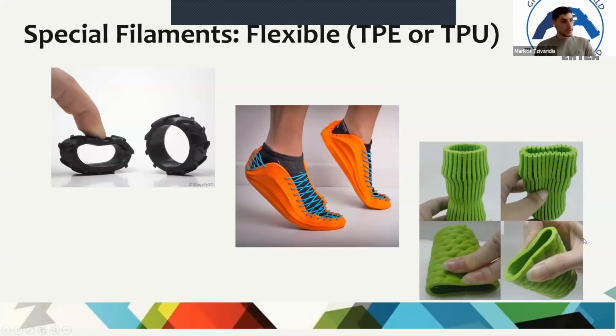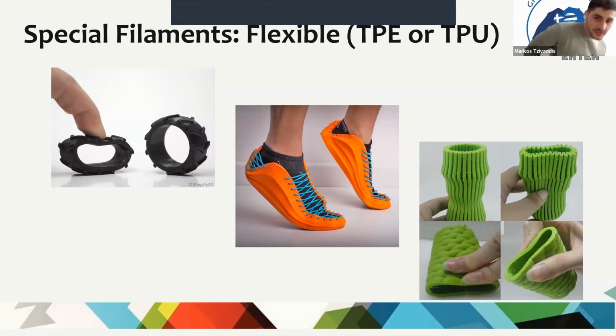Now, except for the classic PLA and PETG filaments that you saw before, which is basically plastic, like the plastic bottles you use when you drink, you can find flexible filaments on the market. These flexible filaments, commonly referred to as TPE or TPU, are known for their elasticity, allowing the material to easily stretch and bend.